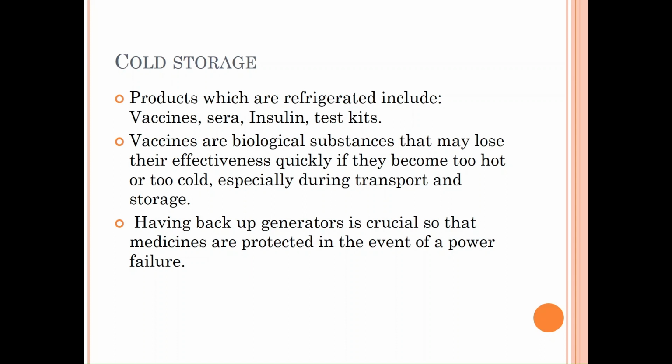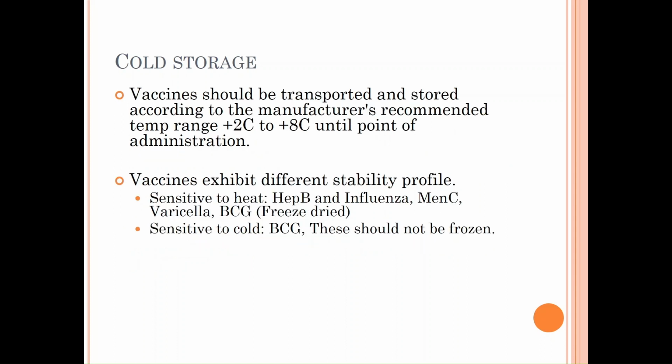Because if we do not have a standby generator, an effective generator, or power source, not necessarily generator, we are going to affect the effectiveness of our cold chain items. That is the vaccine, the insulin, the serum, and then the test kits.